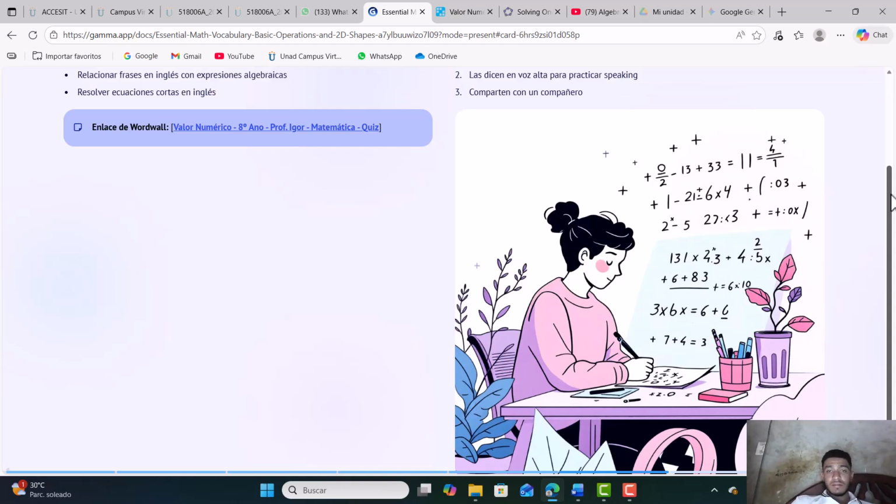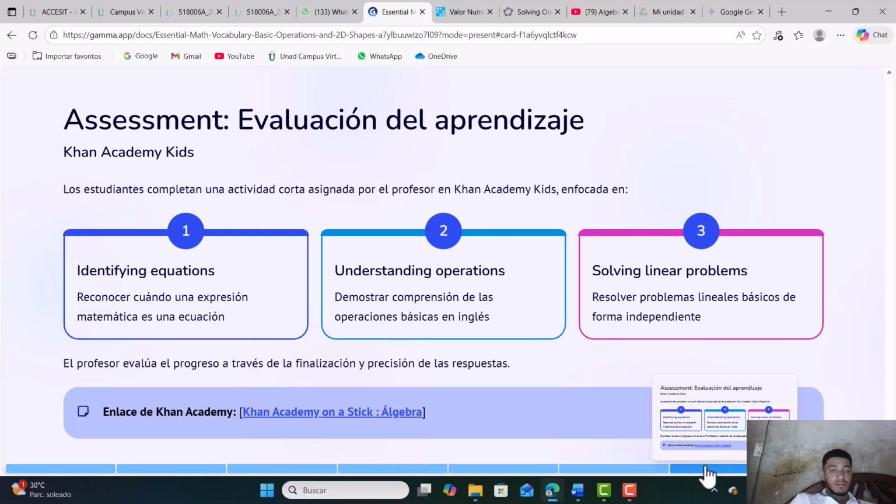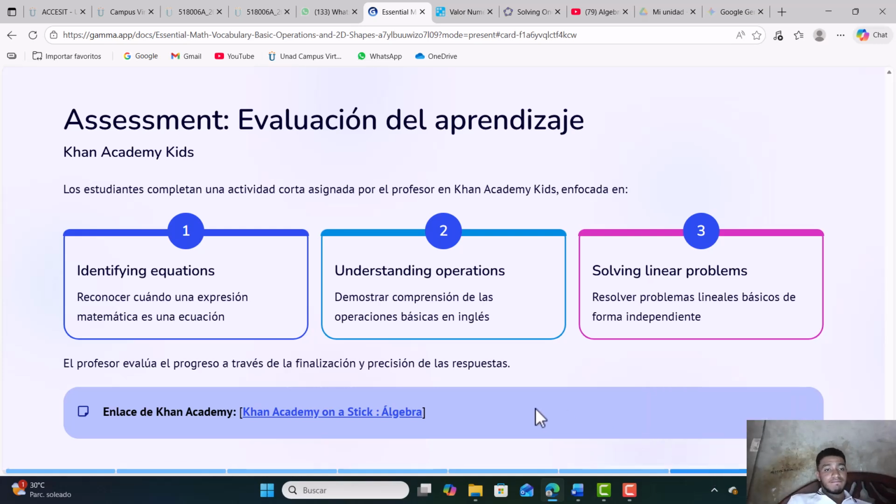Okay, assessment: evaluation of learning and identify equations. We will let the students complete the activity assigned by the professor in Khan Academy Kids, focusing on identifying equations.